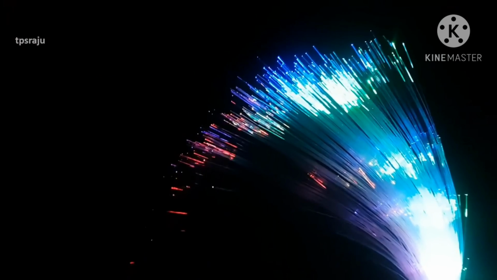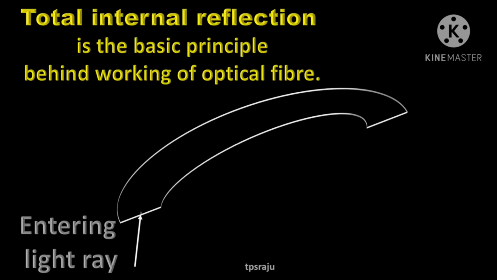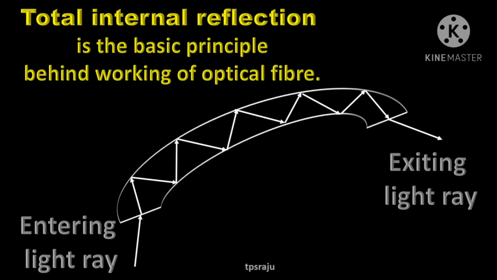My dear children, please watch the activity. Total internal reflection is the basic principle behind working of optical fiber. The angle of incidence is greater than the critical angle and hence total internal reflection takes place. The light is thus transmitted along the fiber.